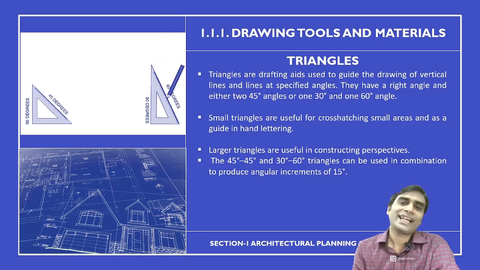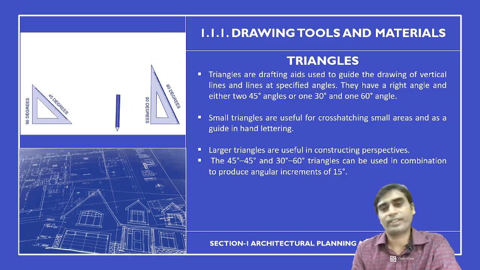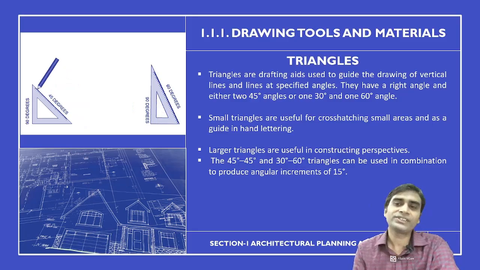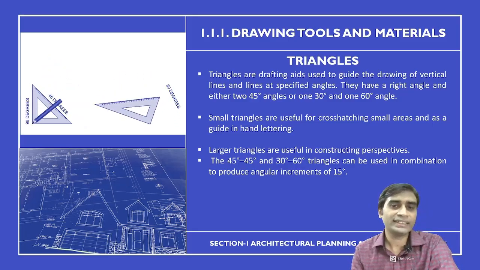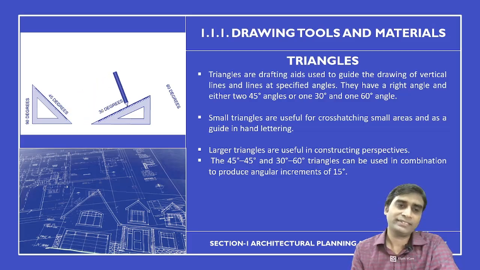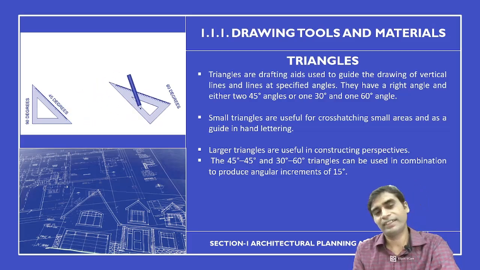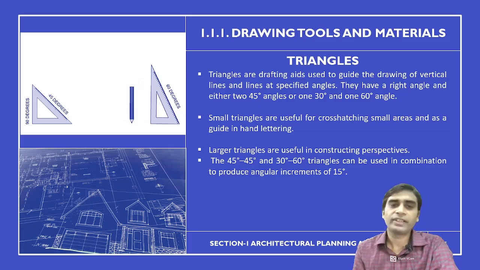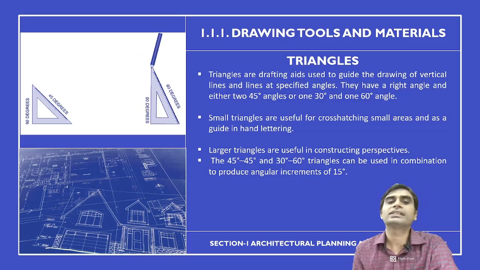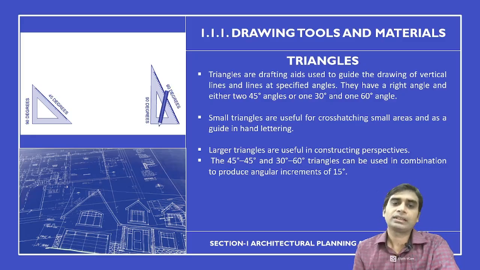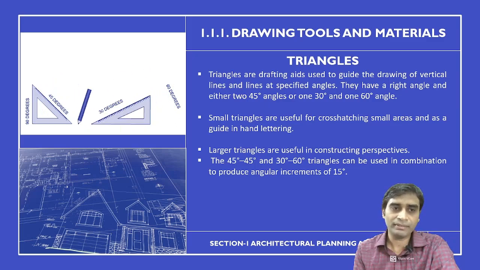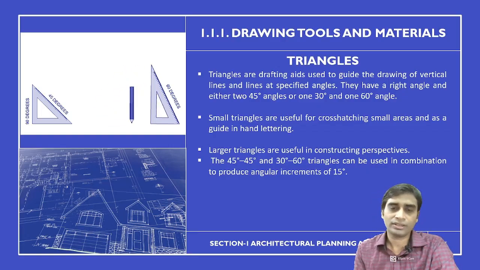Next is called the triangles or the set squares. Triangles are drafting aids used to guide the drawing of vertical lines and lines at specified angles, meaning 30 degree, 45 degree. Further, we can construct 30, 60, 45, and 75-degree lines, or even 15-degree lines.